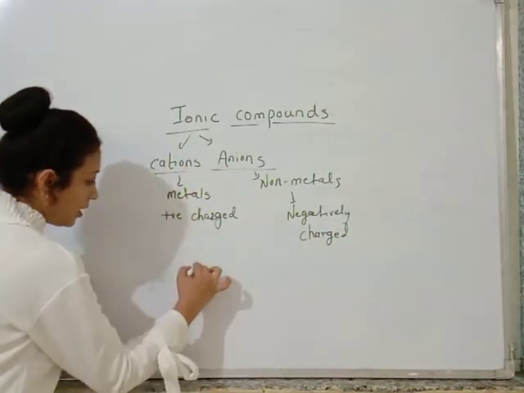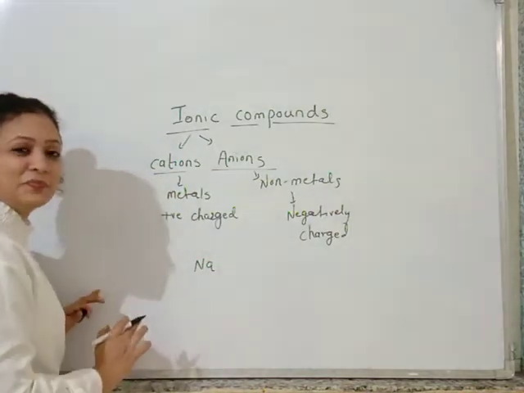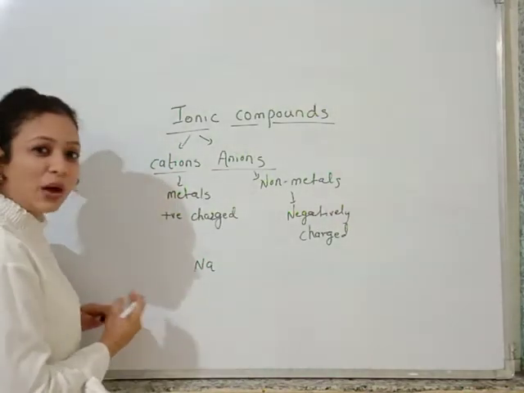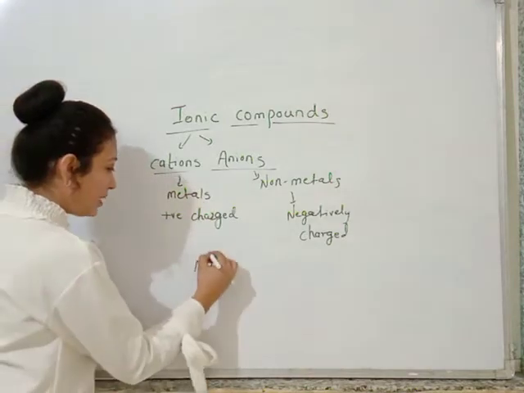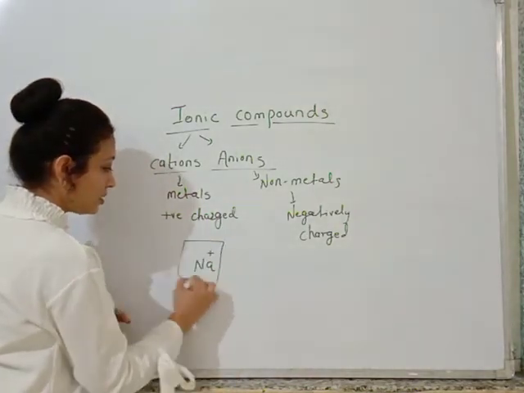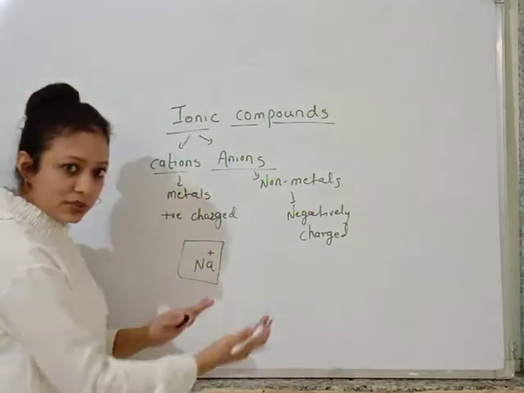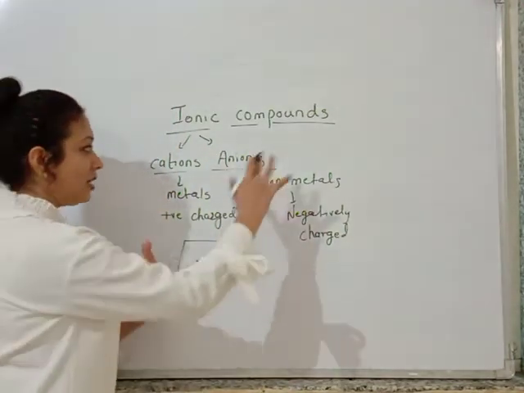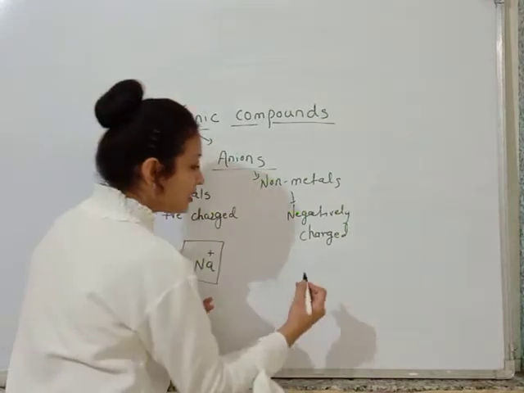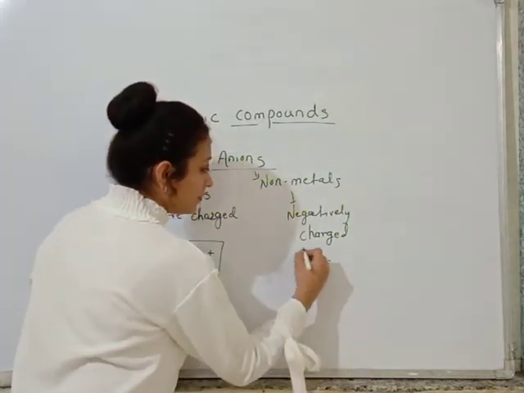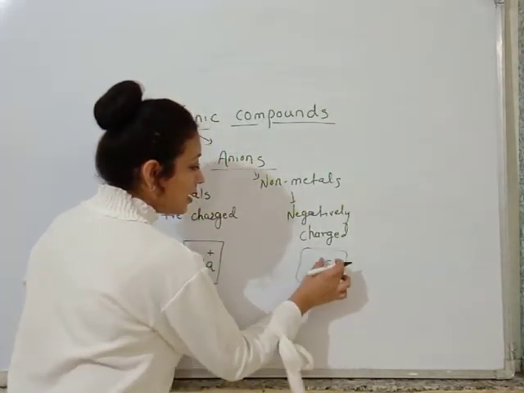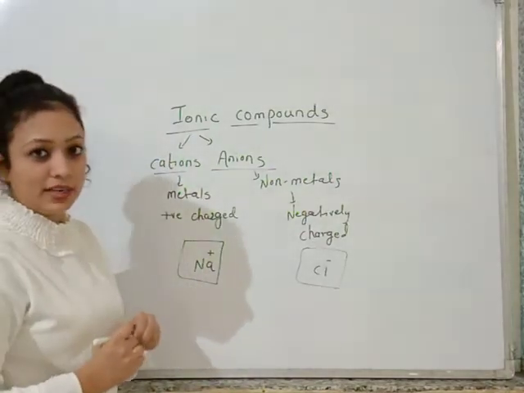For example, Na, sodium. When sodium loses its outermost electron, it ultimately gets a positive charge. When a metal loses an electron, it gets a positive charge, and when a non-metal like chlorine gains the electron, it ultimately gets a negative charge.